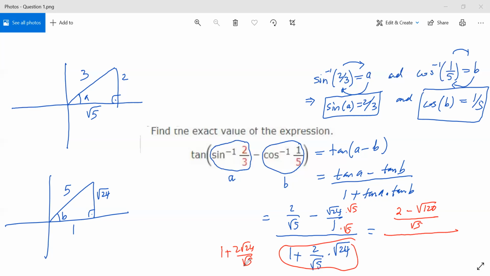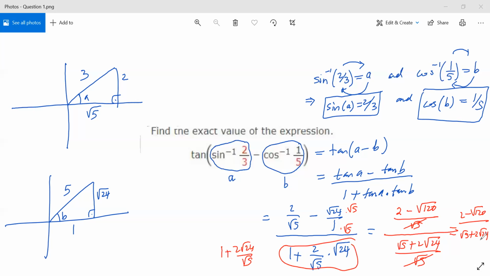And again, I can find a common denominator, which is √5 plus 2√24 over √5. And then the √5s will cancel because you're going to do the reciprocal. So then, let me just write this again like this: √5 plus 2√24.